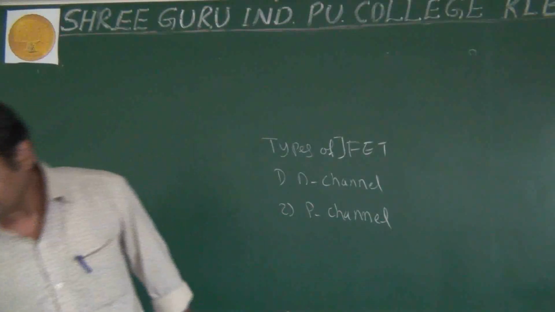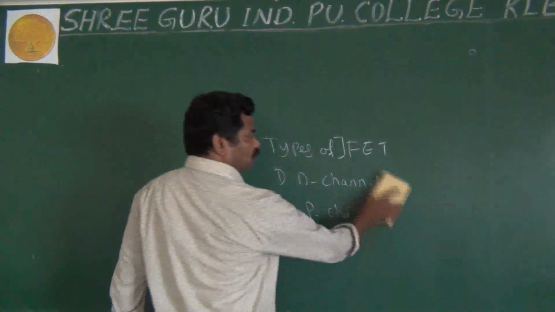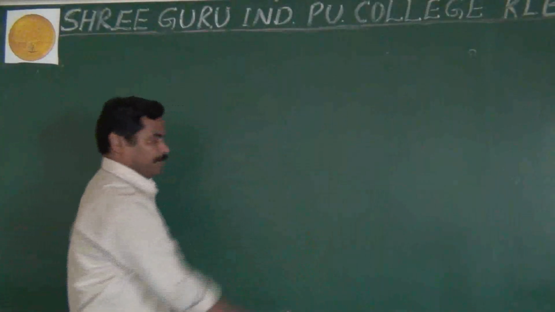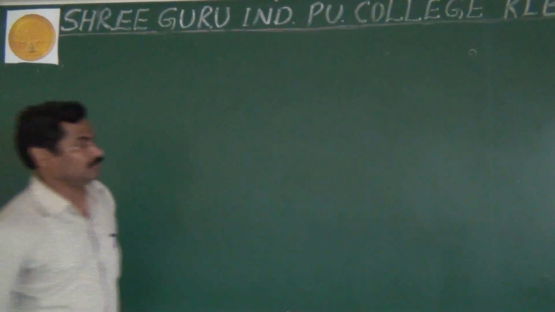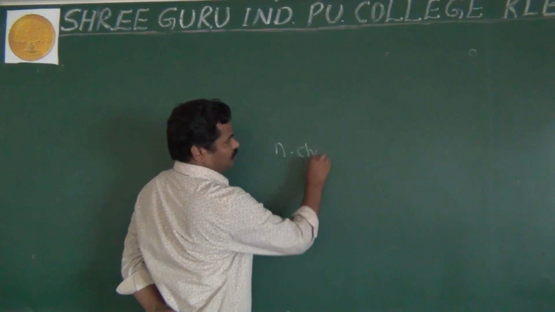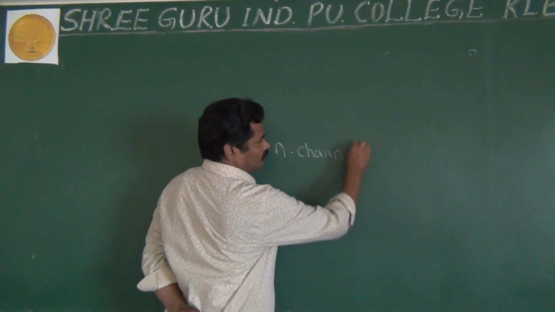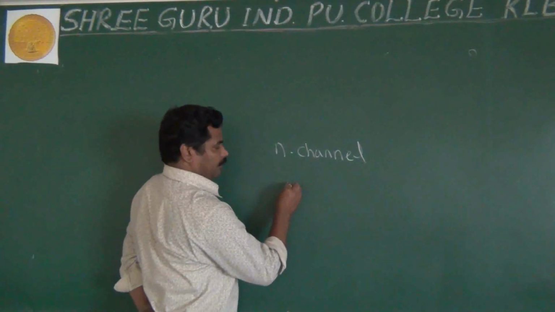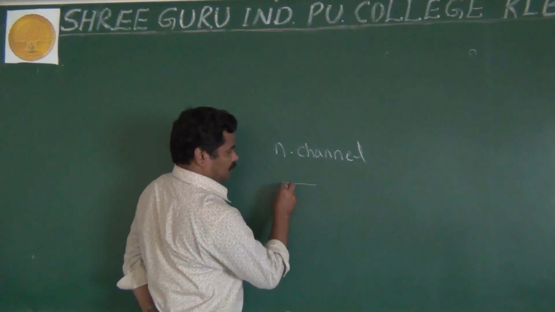Now we will go for the construction of your N channel JFET and also the P channel JFET. First we go for the N channel JFET. In an N channel JFET, first you take a bar of N-type semiconductor.